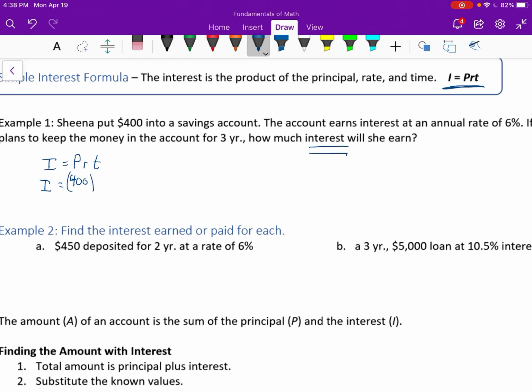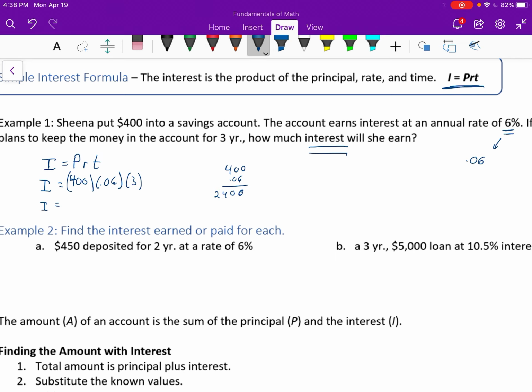The rate is 6%, and we write that as a decimal, so 6% is 0.06. And then the time is 3 years. And we're going to multiply that out. So 400 times 0.06, 0, 0, and then 24.